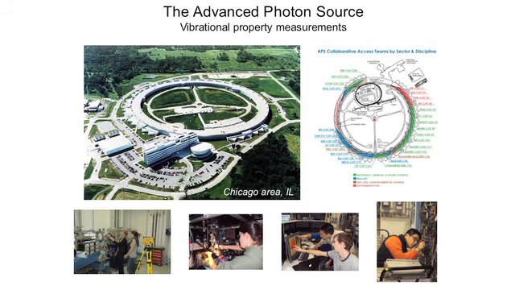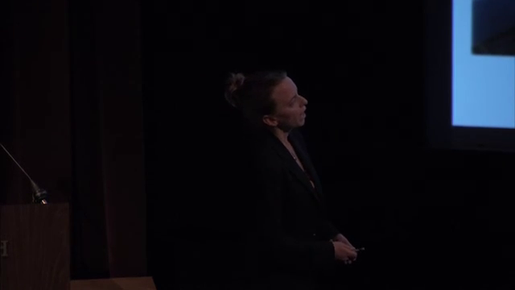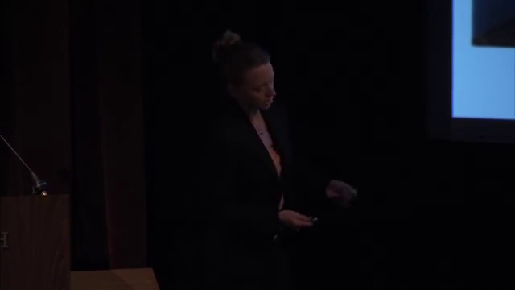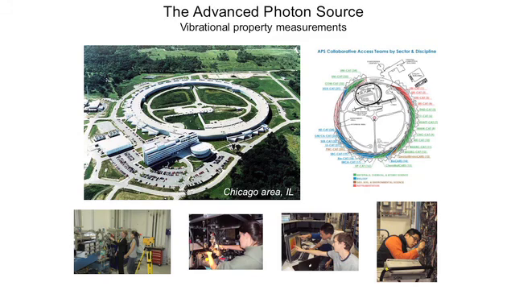Now each experiment is placed on a tangent to this circle where, as soon as the shutter is open, the X-rays come down the tube, and they're characterized by a very broad spectrum of energies. And what we do is we slit down to a very small energy range in order for us to do our measurements. But that's the gist of the synchrotron at the Advanced Photon Source, which is one of the 3 largest sources that can produce the most brilliant X-rays.